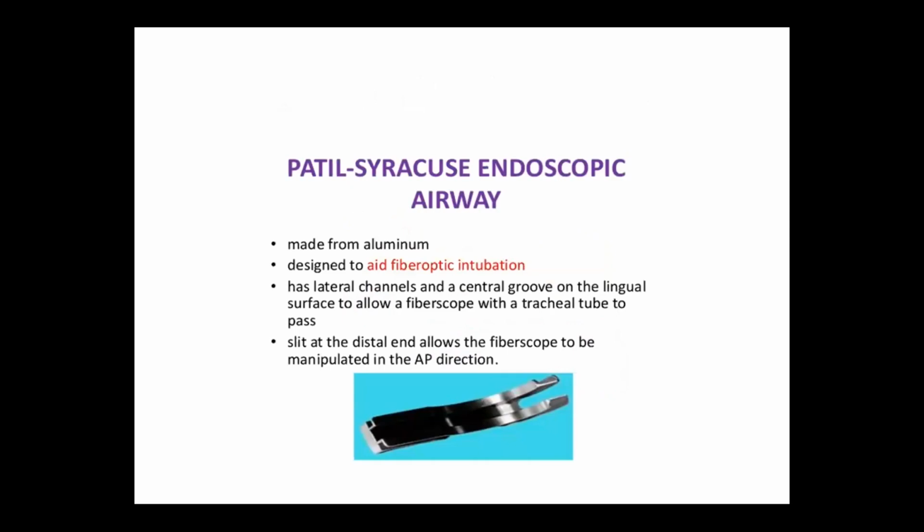It is made from aluminum, and it is designed to aid fiber optic intubation. The special part is that it has lateral channels and a central groove on the lingual surface to allow a fiberscope with the tracheal tube to pass. There's a slit at the distal end which allows the fiberscope to be manipulated in the anterior posterior direction. So you have a lot of airways which you can use as an aid in fiber optic intubation.